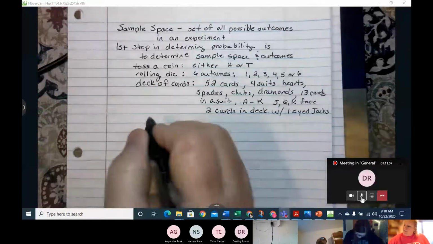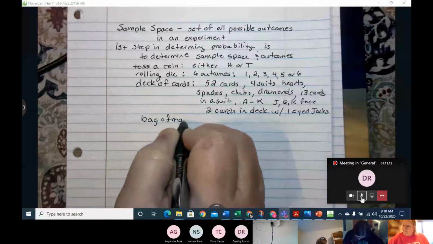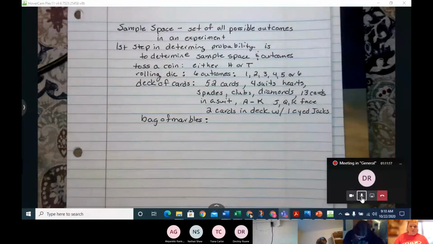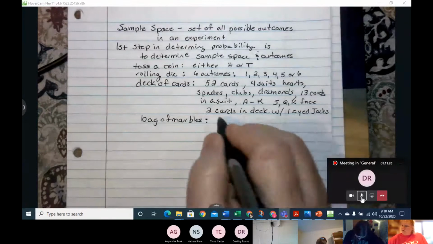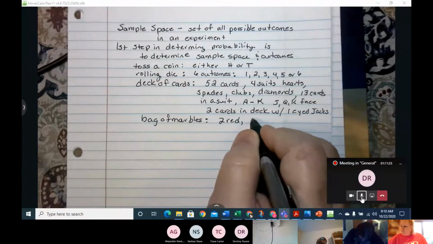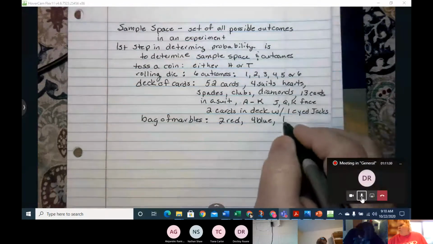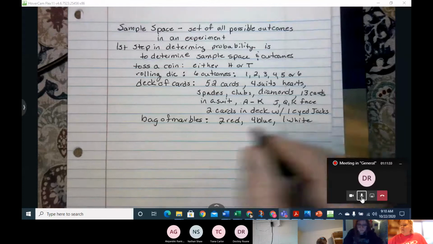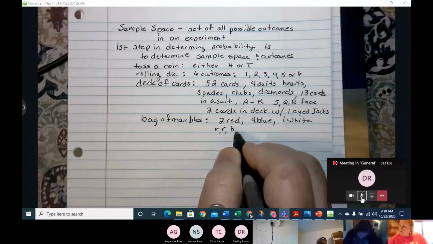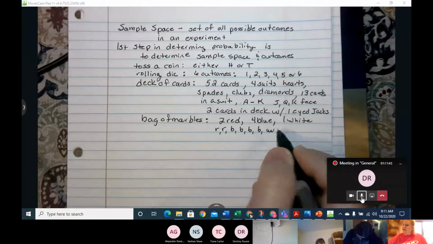If you had a bag full of marbles, you would need to know what color marbles are in the bag. So if you had 2 red, 4 blue, and 1 white, then your outcome would be red, red, blue, blue, blue, blue, and white.